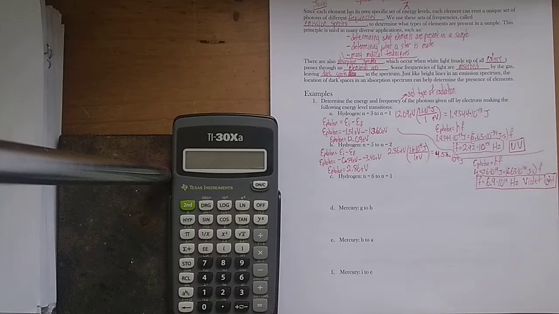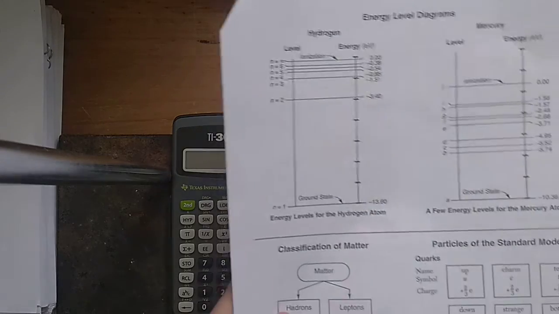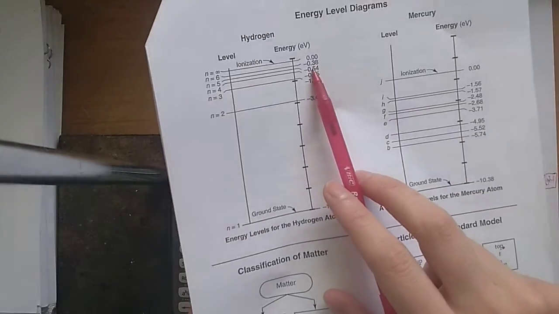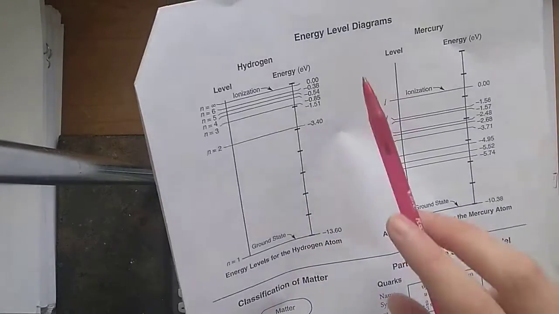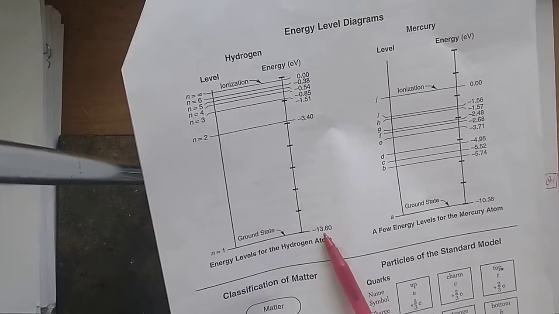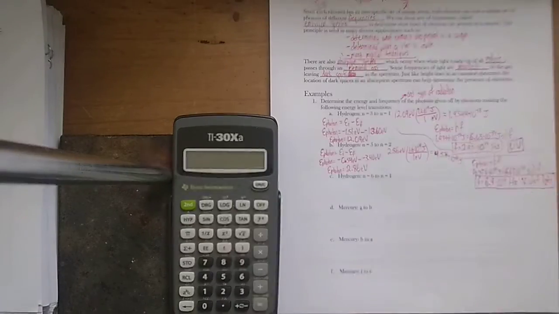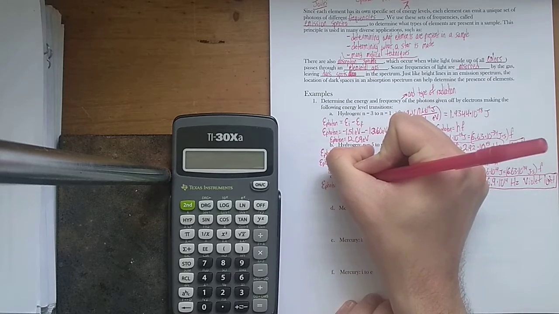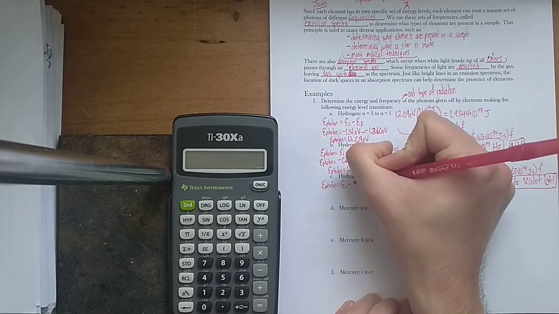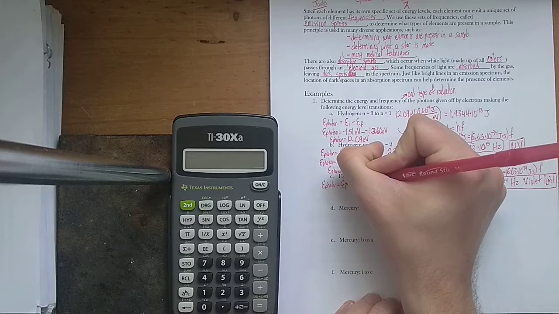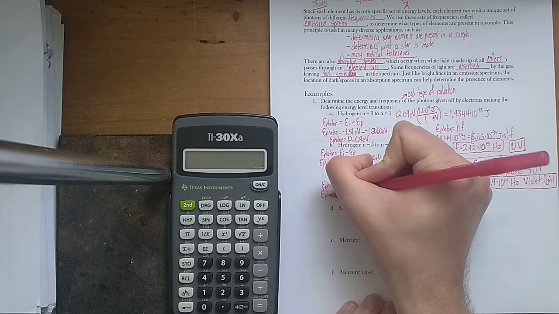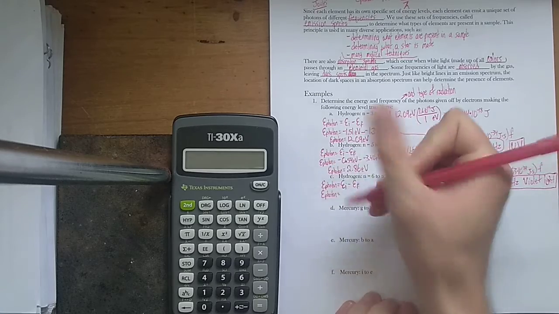Okay, so hydrogen from n equals 6 to n equals 1. The n equals 6 energy level, as you can see, is negative 0.38 electron volts. N equals 1 is negative 13.6 electron volts. So we use this equation found in the reference tables. The energy of that photon is equal to the difference in energy levels, and do the initial minus the final, which is different from usual, in this case in order to get a positive answer for the energy of that photon.